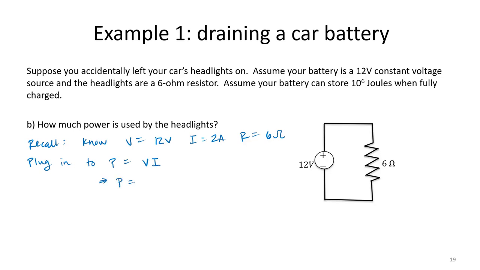So in this case, hopefully you determined that just multiply together, we should determine our power is 24 watts or 24 joules per second. All right, let's move on to the last part.